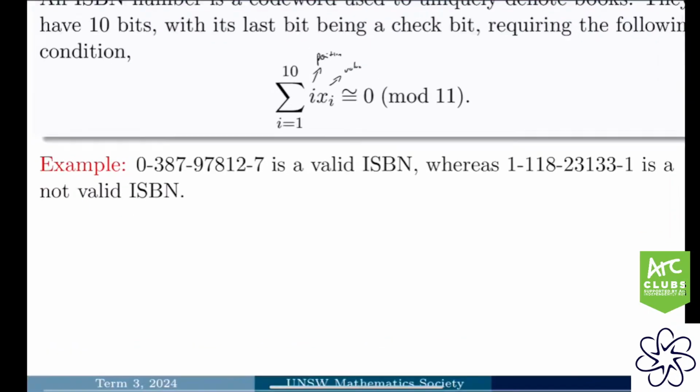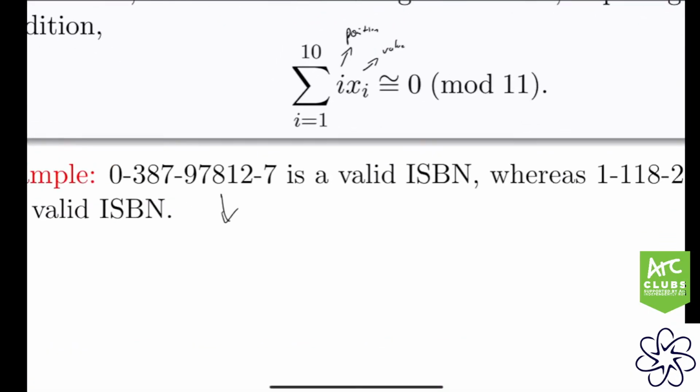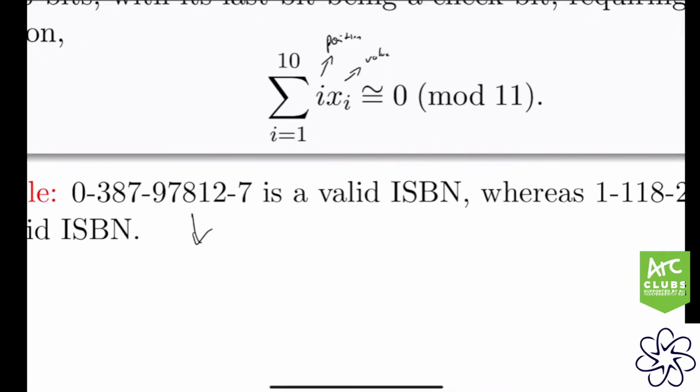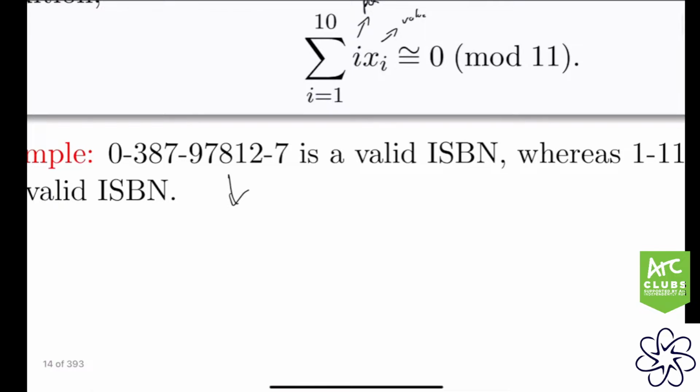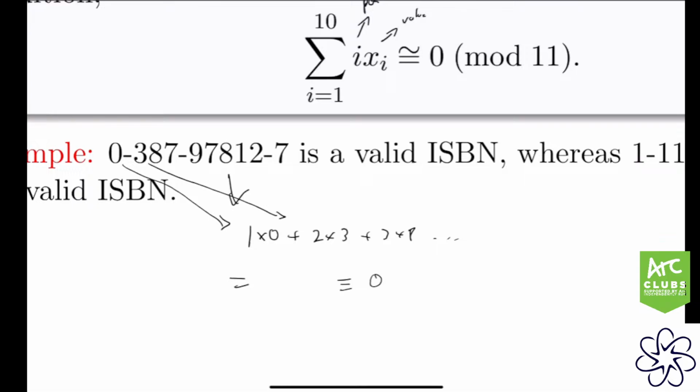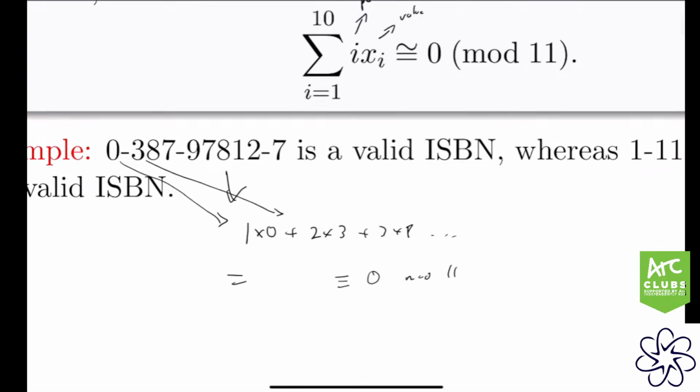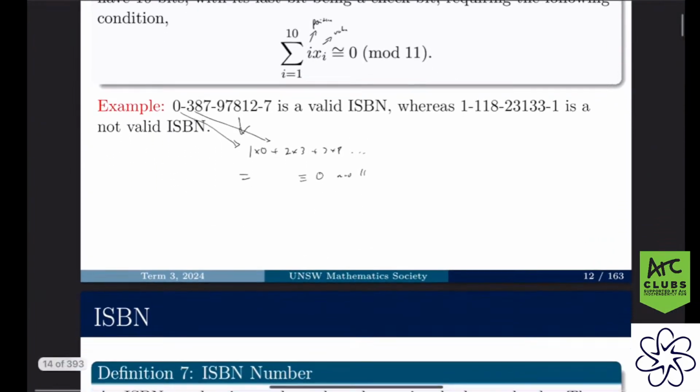So for example, this number is a valid ISBN, and the way we can check this is by checking it against the syndrome. We take the first number and multiply it by its position, then the second number multiplied by its position, and so forth. This will probably give us a very big number, and then it should be congruent to 0 mod 11, which is very nice.